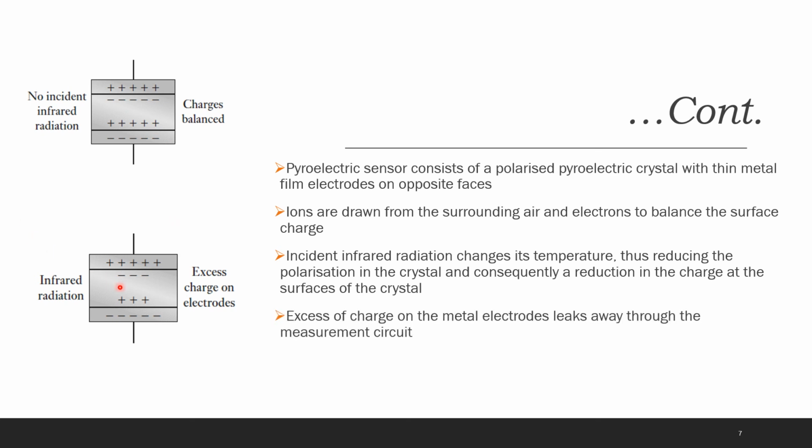Now, even though the polarization reduces, there will be an excess of charge at the boundary of the electrode and pyroelectric material, which was aligned to balance the charges present at the boundary before the incidence of infrared radiations.